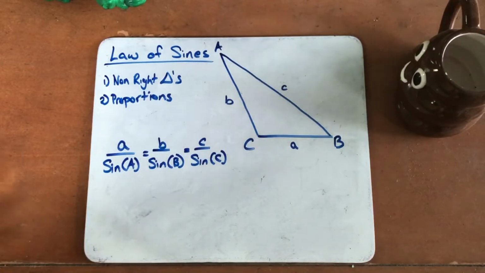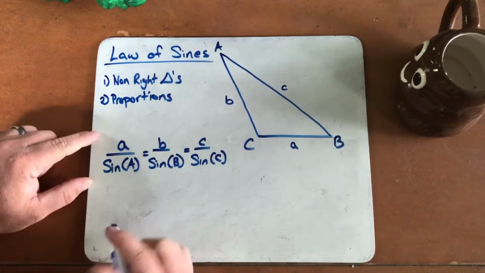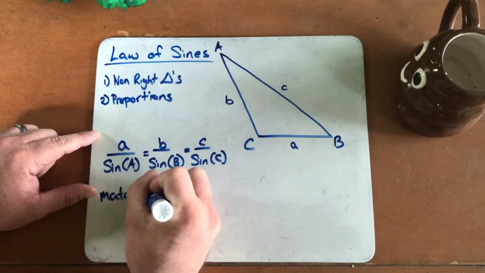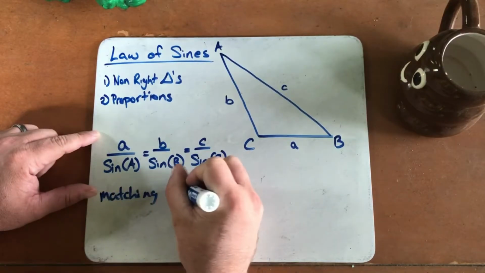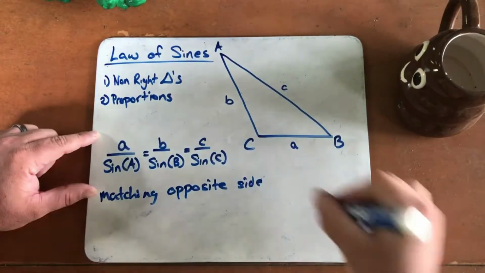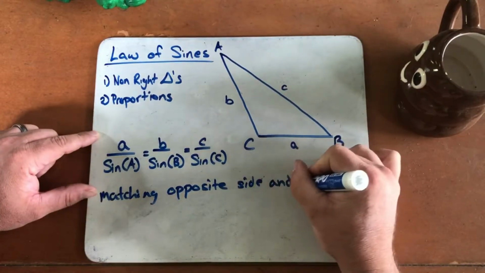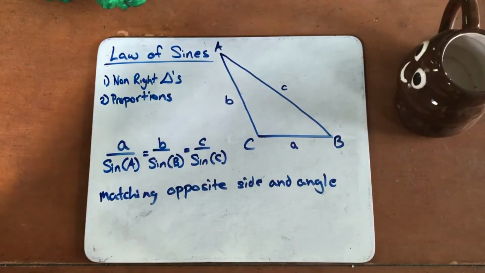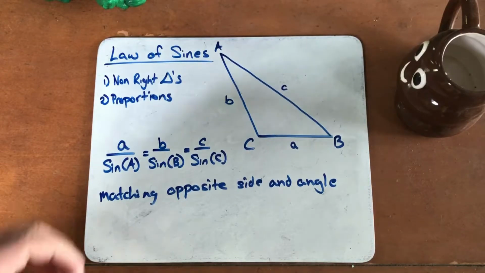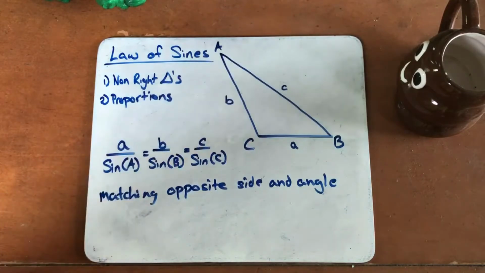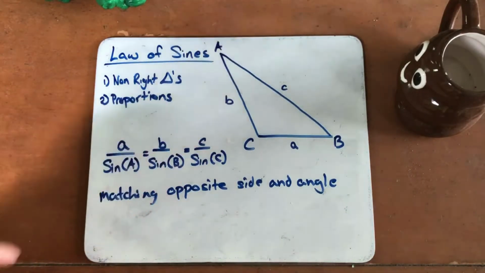So this is just solving a proportion, all right? It's important to realize that we have to have a matching opposite side and angle, meaning that in order to be able to use the law of sines, I have to have a set of big A, small a, or big C, small c, or big B, little b, and then one of the other things.